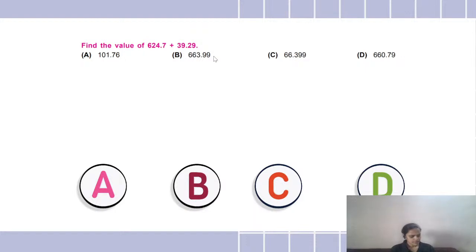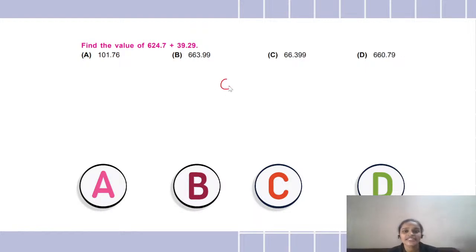We also have one more child here from sixth grade, Hindavi Jain. All of you have given me the answer option B. Let's check whether your answers are right or not.